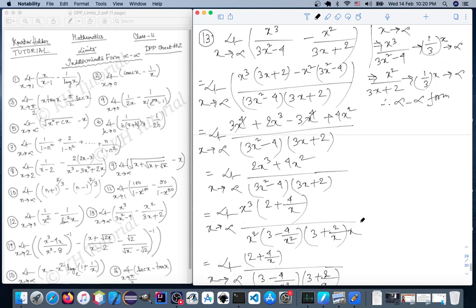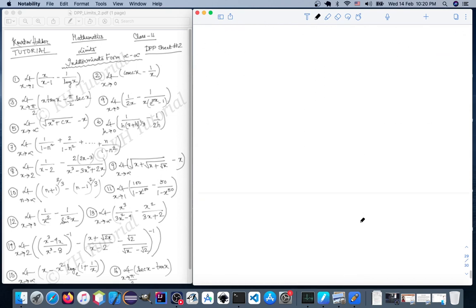Let's see the next question, 14. It's a complicated expression. Let's see. x tends to 2, the limit of (x cube minus 4x) by (x cube minus 8), to the power minus 1.